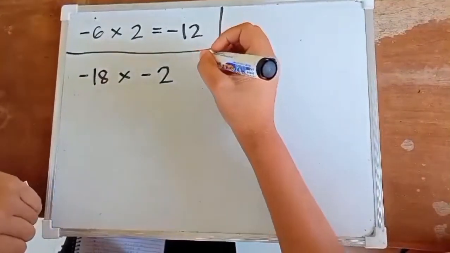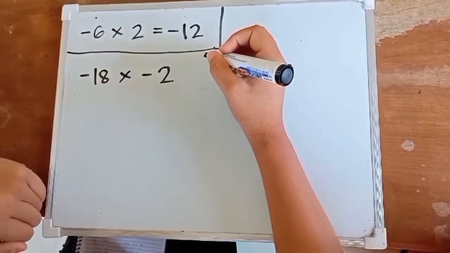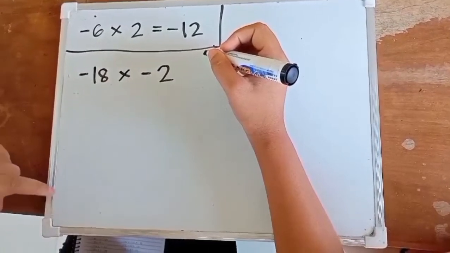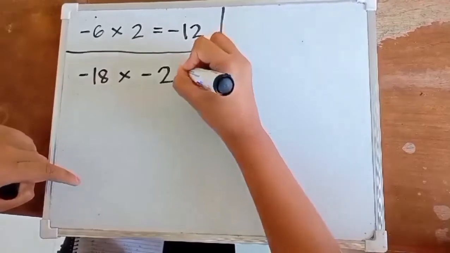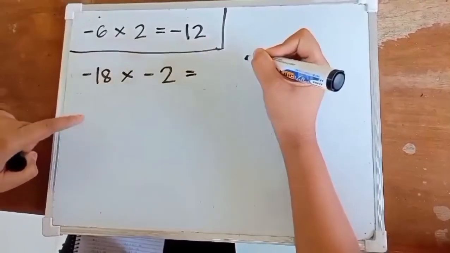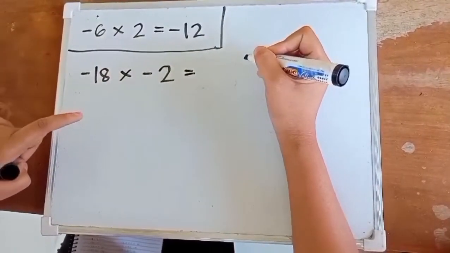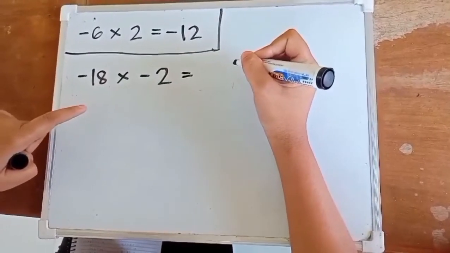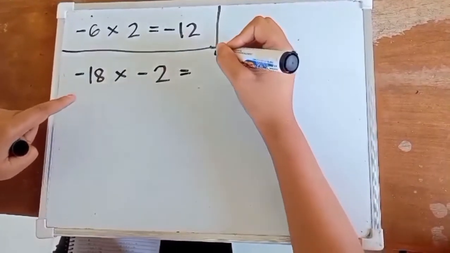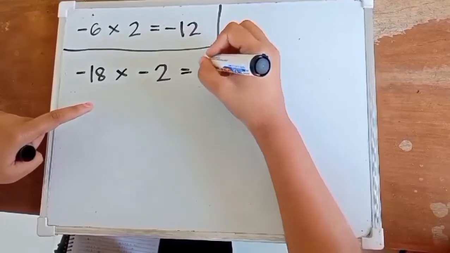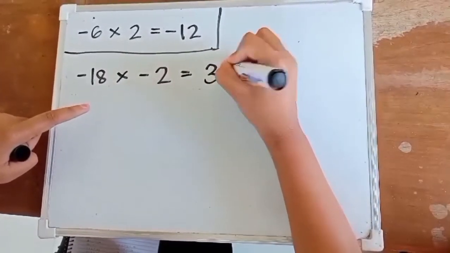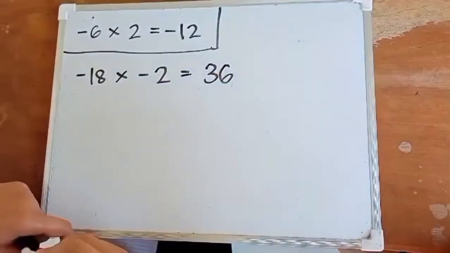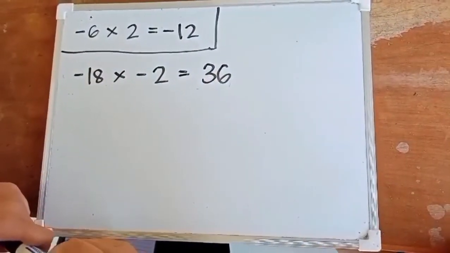Now on the second example, we have negative 18 times negative 2. Remember that if you're multiplying both negatives, you will end up with positive. Now multiply the two. 18 times 2, we will have 36. Since both are negative, the answer will be positive 36.